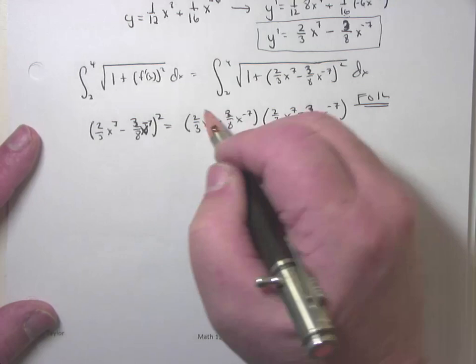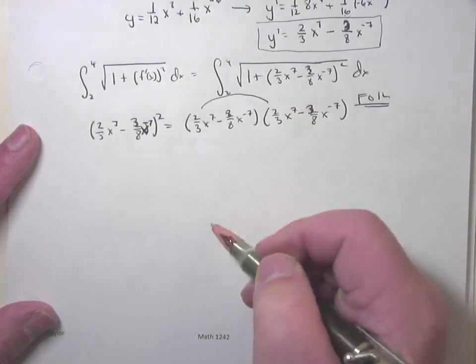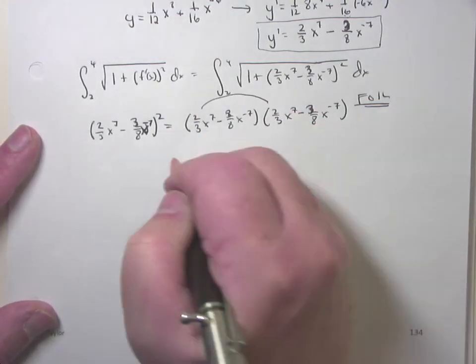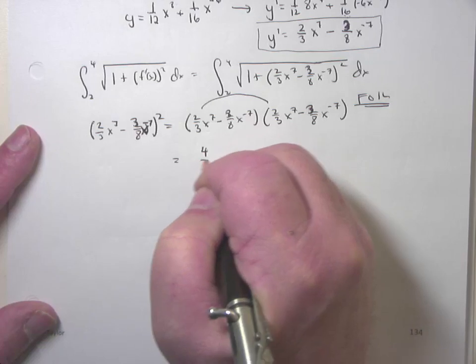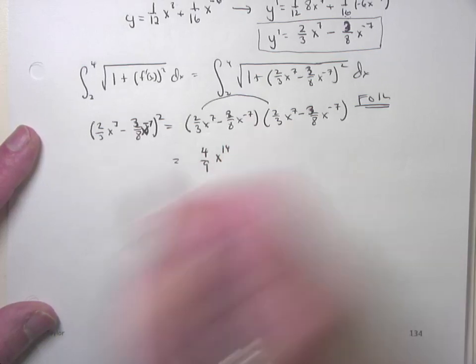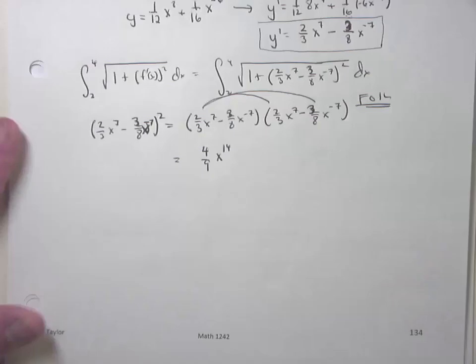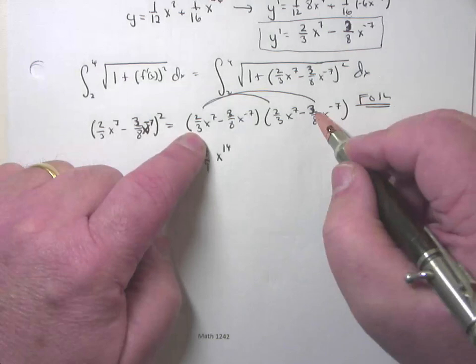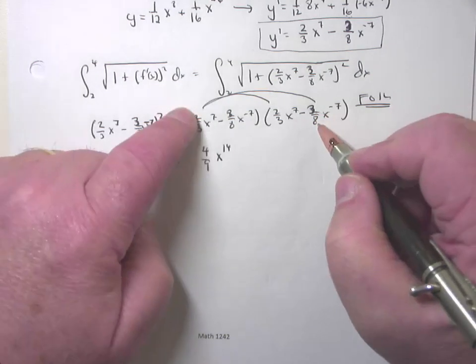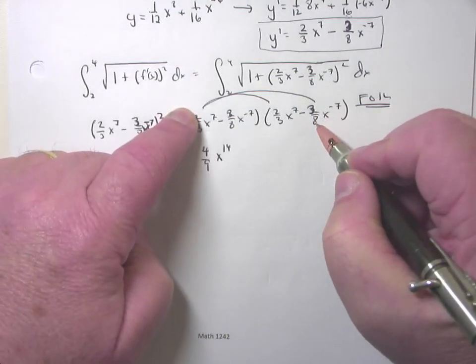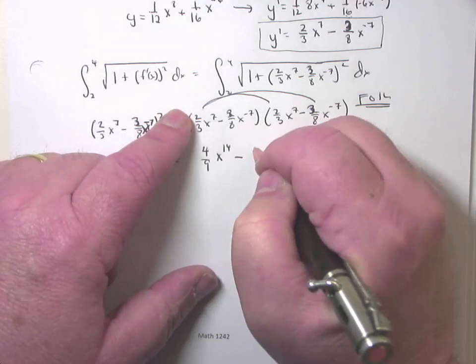So folding this thing out, 2/3 x to the 7th times 2/3 x to the 7th is 4/9 x to the 14th. You with me? 2/3 times x to the 7th times a negative 3/8 x to the negative 7th is what? Well, the 3's cancel, right? And 2 goes into 8 how many times? 4 times. So that's going to give you a negative 1/4.